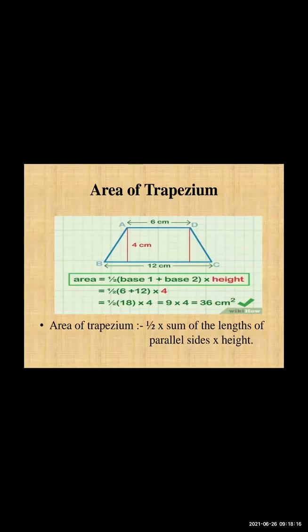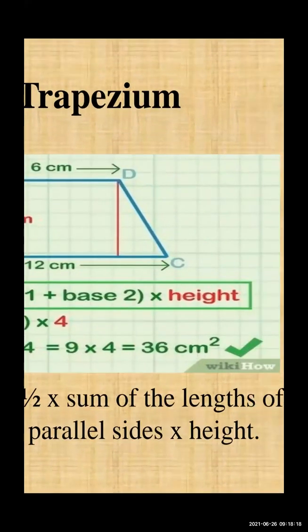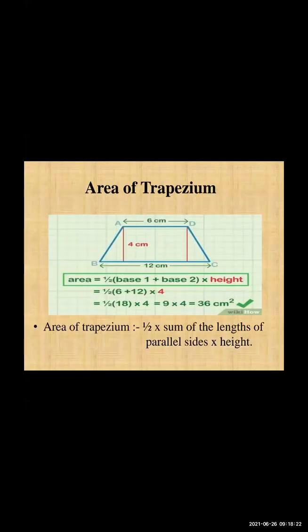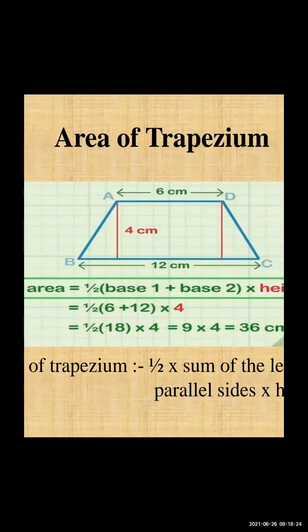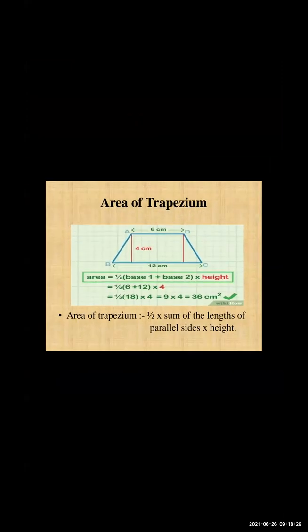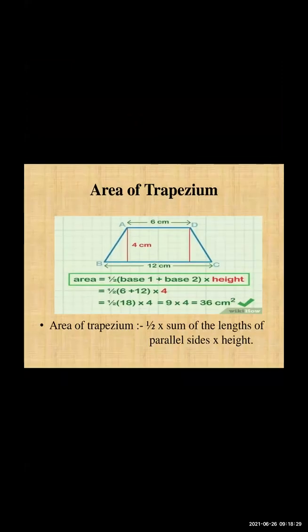It is written in the theoretical part as sum of lengths of parallel sides, and here it is given as base 1 and base 2. Whatever formula you can remember, you can put it in the examples.